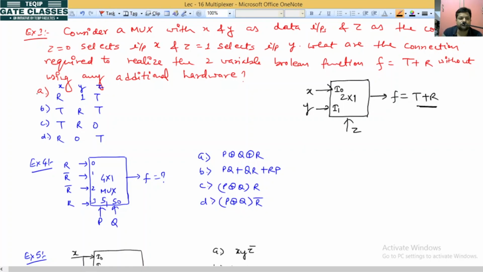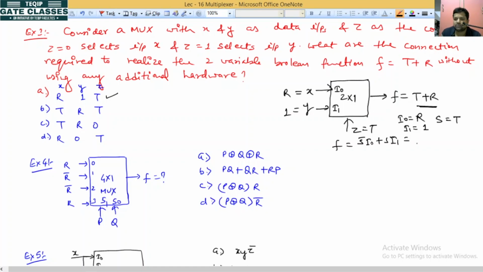If you see the first option, x is r, y is 1 and z is t. Apply this, so f will be, we know, s bar I0 plus s I1, we have studied. So I0 is r here, I1 is 1, and s is t, given.